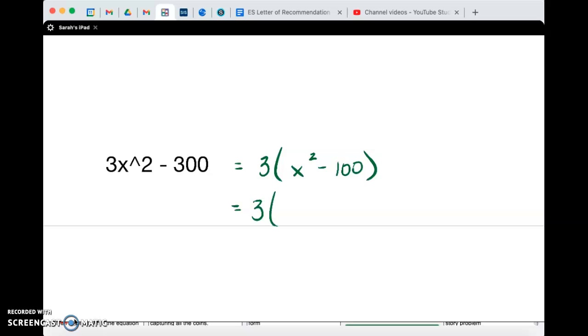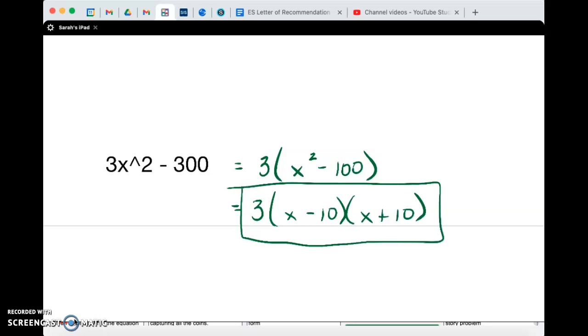X minus 10, x plus 10. Difference of squares: you square root them, and then I have a different sign to multiply to negative 100, so it has to be minus and plus. So that one's done too.